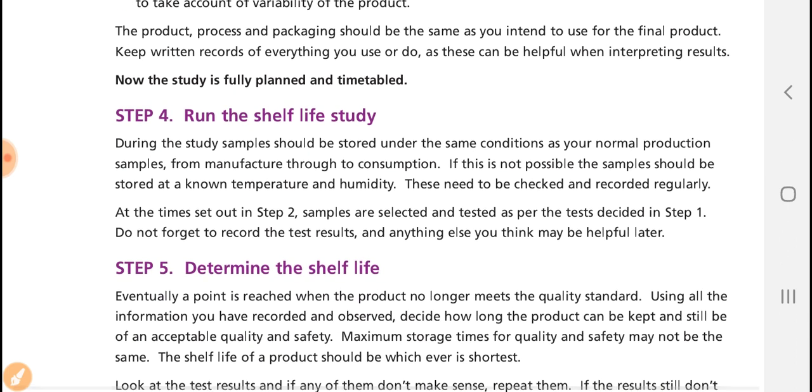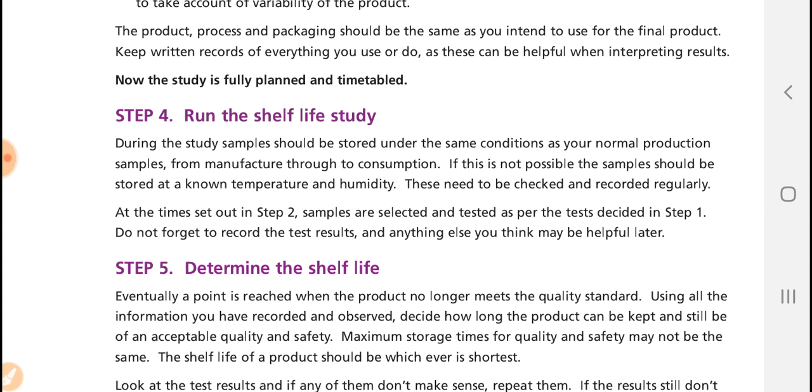So during the study, samples should be stored under normal conditions, the same conditions as your normal production samples from manufacturing through to consumption. If this is not possible, the samples should be stored at a known temperature and humidity. So you have to store that food in normal conditions.